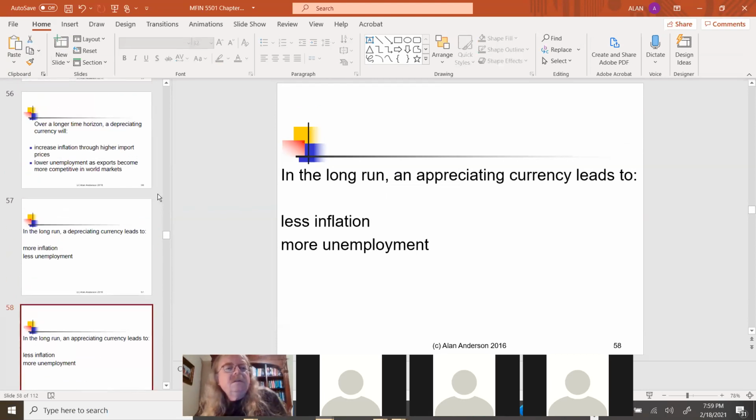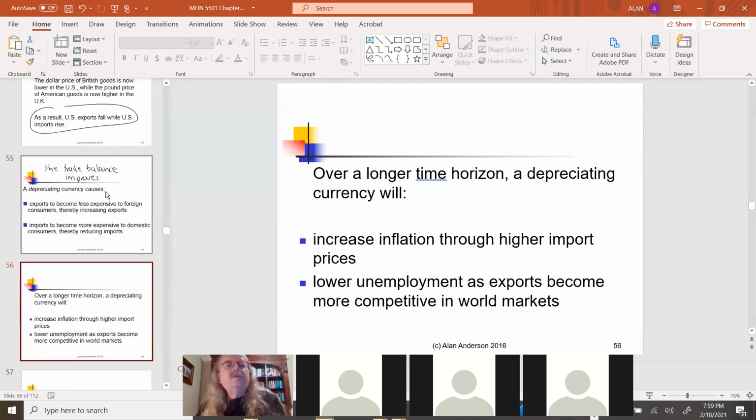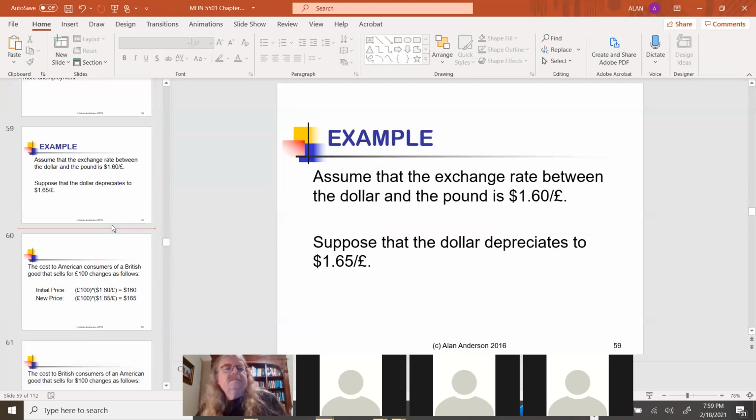Now, in the short run, what we're focused on, though, is the trade balance. So before we had a numerical example with a stronger dollar, now we're going to look at a weaker dollar. So here's an example. Now, remember, it may not seem like it, but when the exchange rate goes up, it means the dollar is actually getting weaker because it's taking more dollars to buy a British pound. Okay, so it's like $1.65 instead of $1.60.